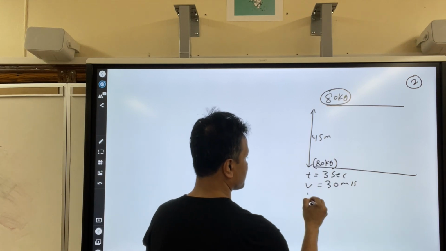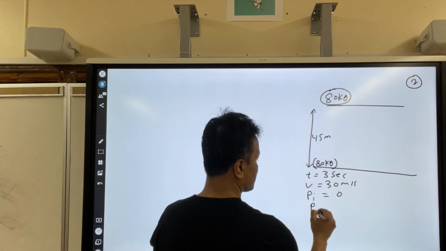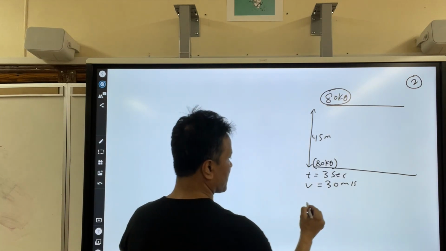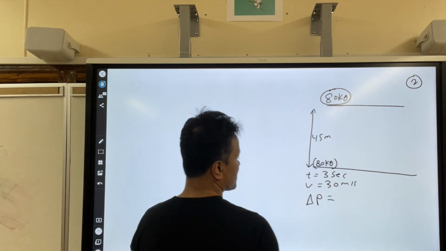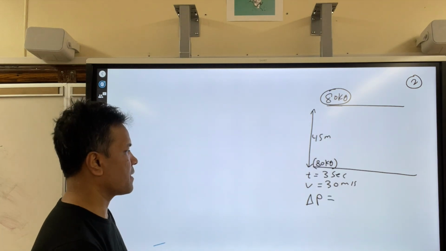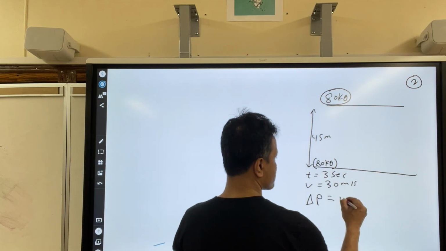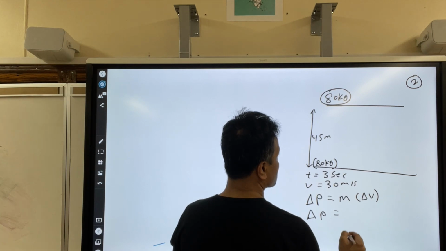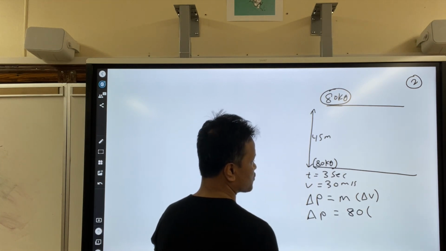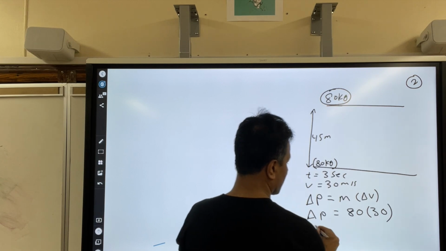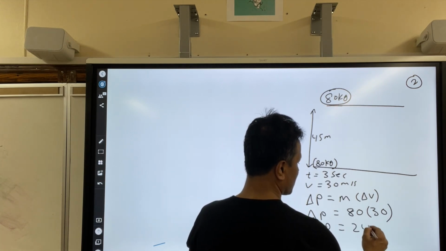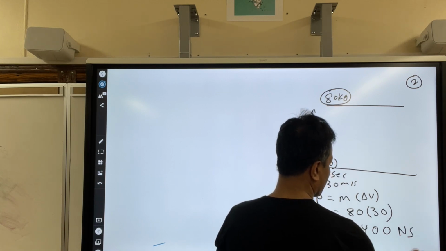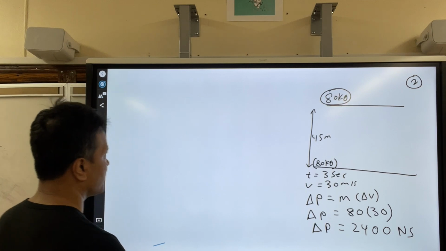Initial momentum is 0. Final momentum, so change in momentum. Change in momentum is m delta v. M is 80. Delta v is 30. So change in momentum is 2400 Newton second.